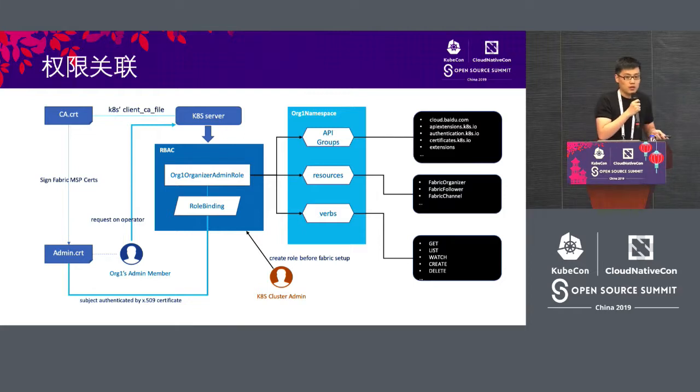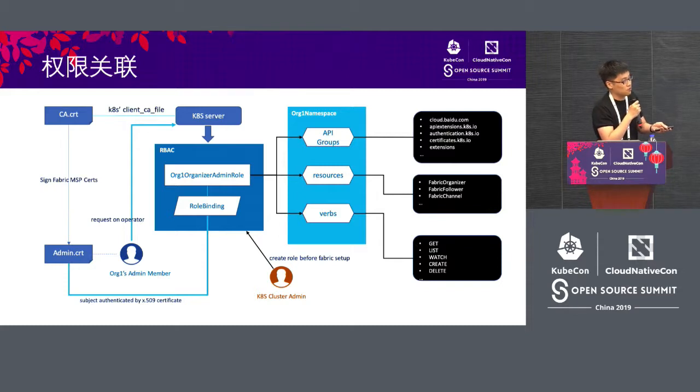For this one, let's start with the cluster administrator. It is to define two different kinds of things. One is the role. The role is like an organization administrator, and the second is the bundling of the role, that is the user. The definition of the role is related to three factors.